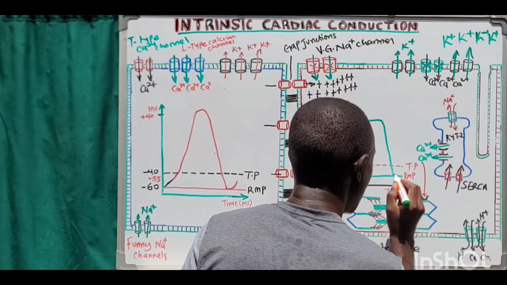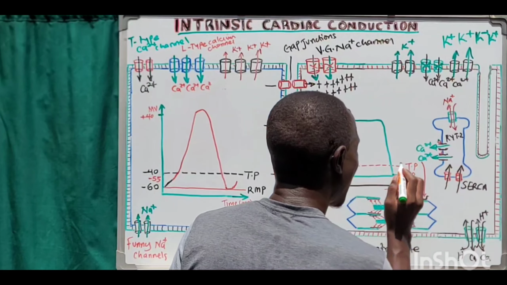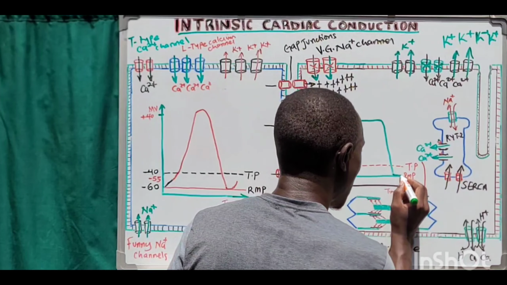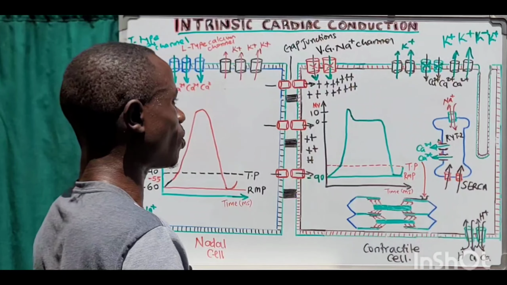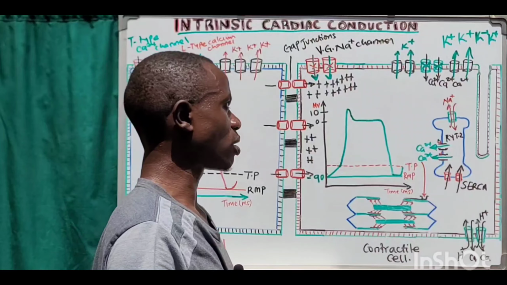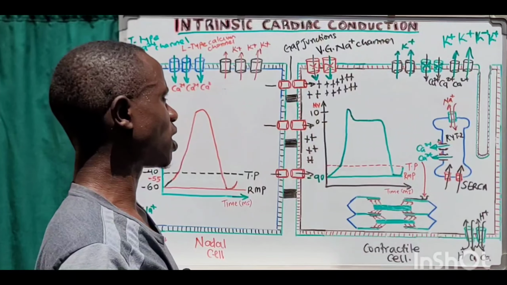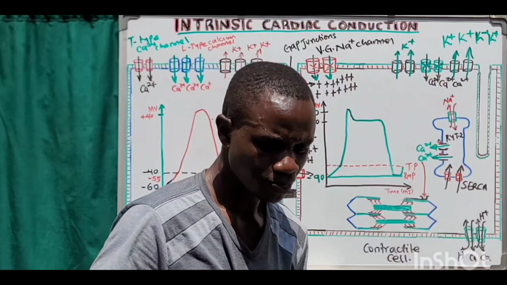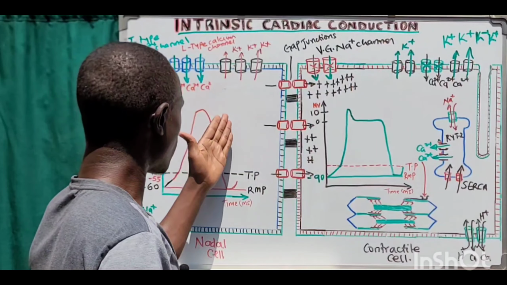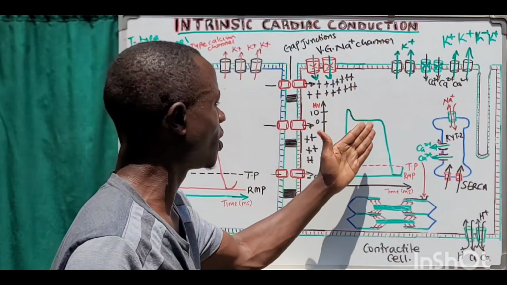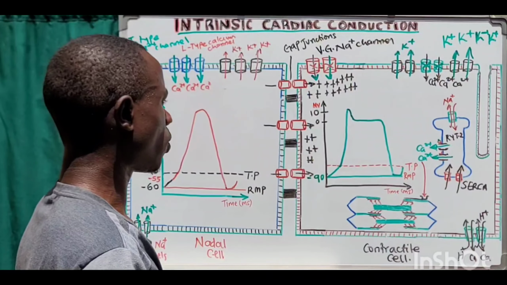It's going to remain constant for a little moment until some calcium enters, and then moves it back to the threshold potential, as it waits to open the voltage-gated sodium channels. Okay. So that is how, generally, the depolarization of this nodal cell leads to the depolarization of the contractile cell.